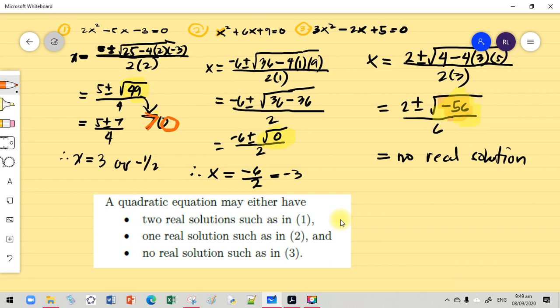If that inside is exactly equal to 0, then the plus minus doesn't matter anymore. So we are left with negative 6 over 2, negative 3. So we have one solution, negative 3.